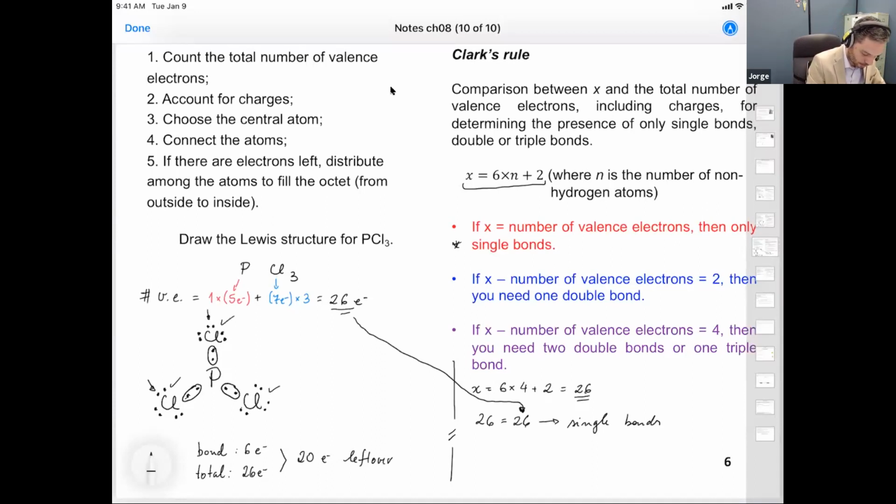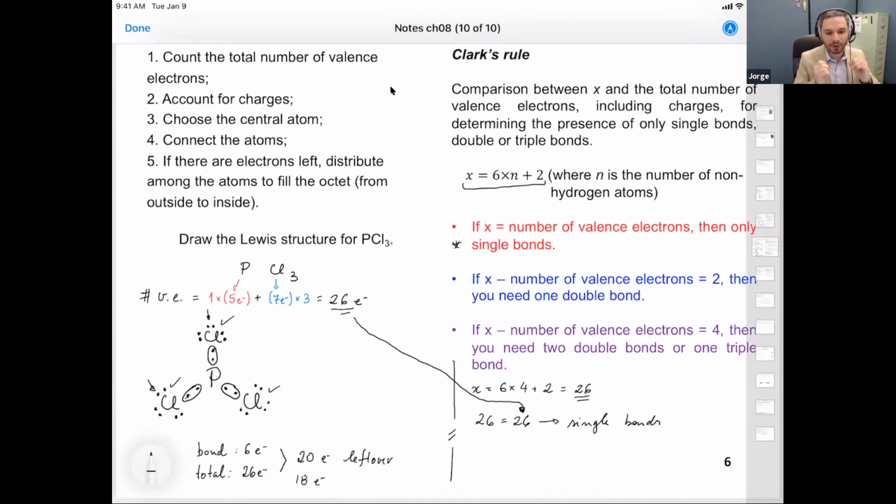So now it's good. Let's see if there are any electrons left over. Just to fill up the octet of the chlorines, we spent 2, 4, 6, 8, 10, 12, 14, 16, 18. So for the chlorines, we used 18 electrons. We had 20, therefore there are still 2 left over.